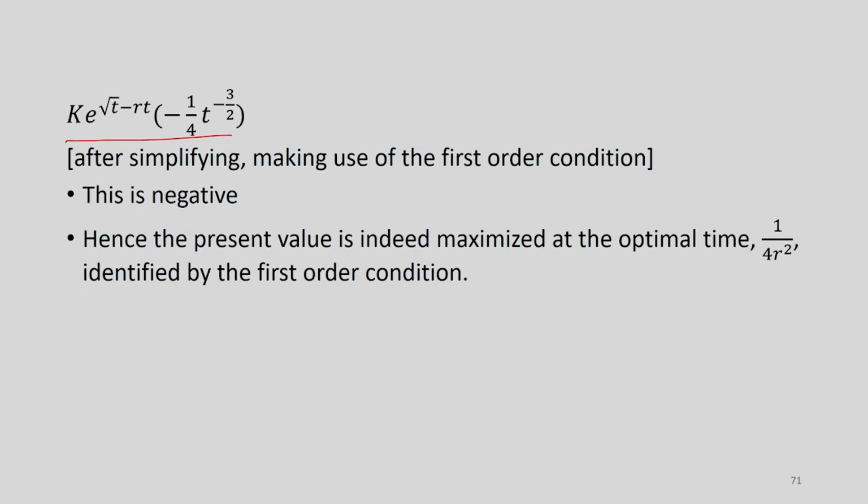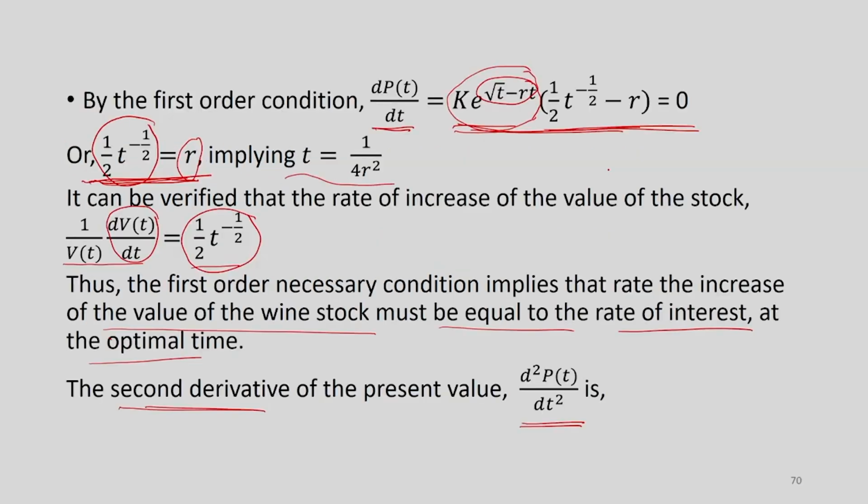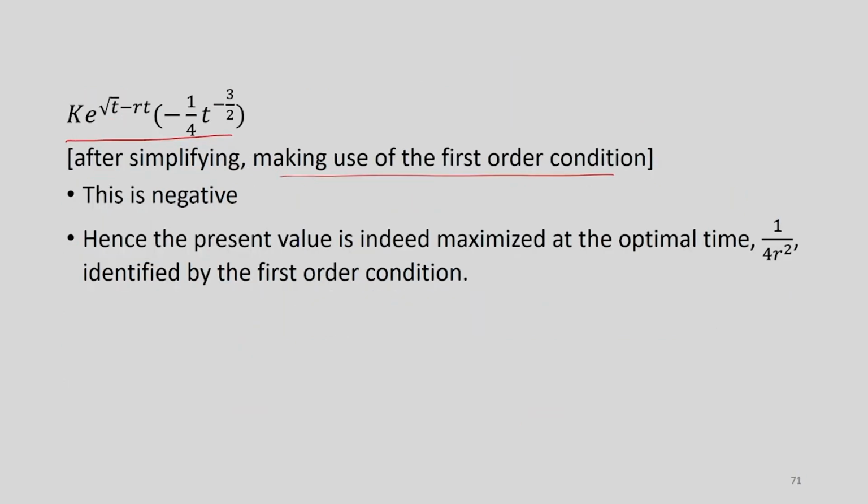And this has been obtained after some jumping of steps. I have simplified the expression, and while simplifying I have made use of the first order condition. What was the first order condition? That this expression is equal to 0. So, if I use that, then I will simplify the second order condition to this simple expression.